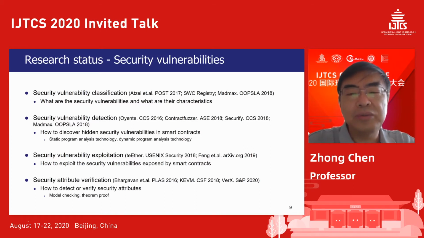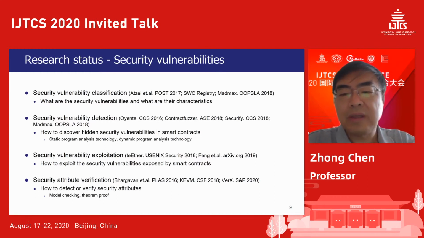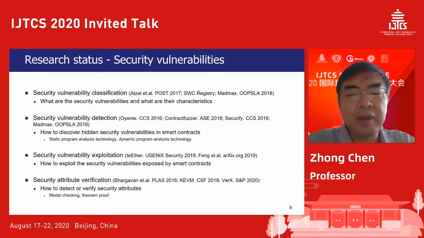Some technology tools were developed, like Oyente, ContractFuzzer, Securify, Mythril, etc. They cover how to discover hidden security vulnerabilities in smart contracts through static or dynamic program analysis technology.